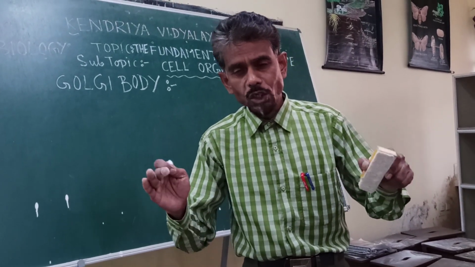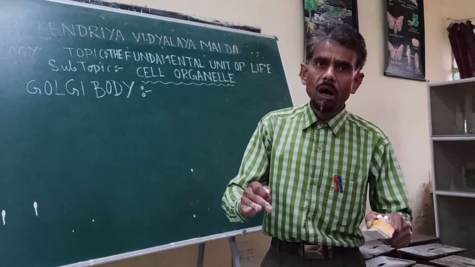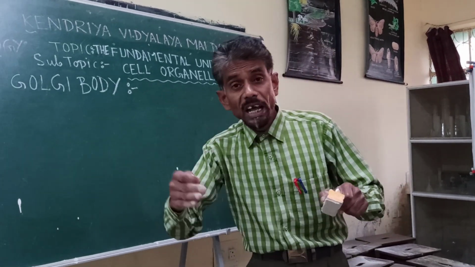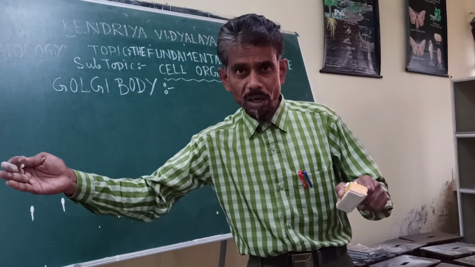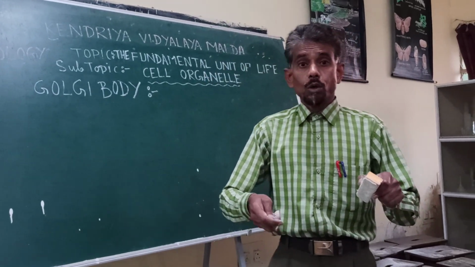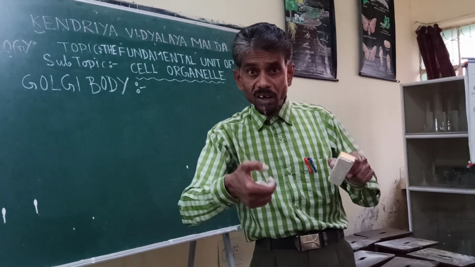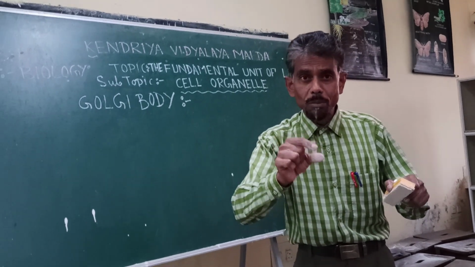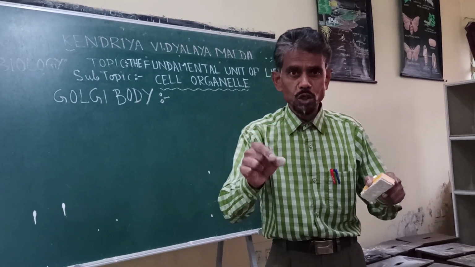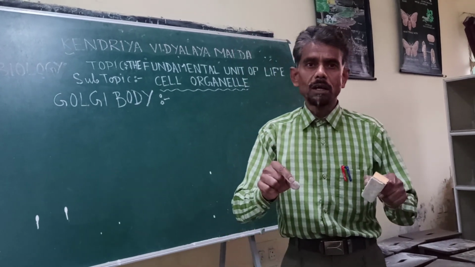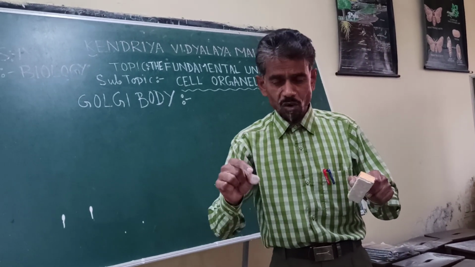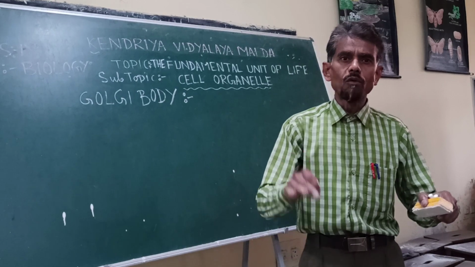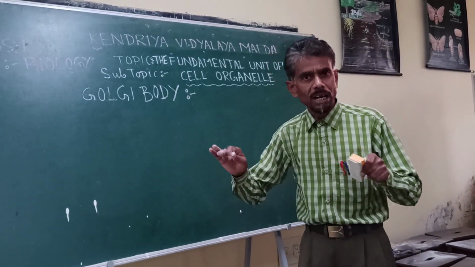It was for the first time observed as a reticular structure present near to the nucleus. It took a very dense stain when the staining procedure was done, and it was observed by a scientist called Camillo Golgi. In honor of his name, this organelle is called Golgi body.